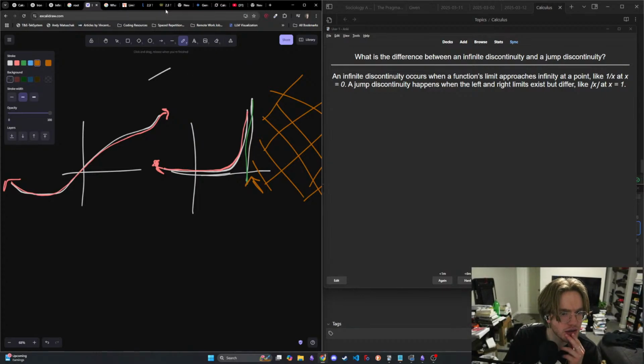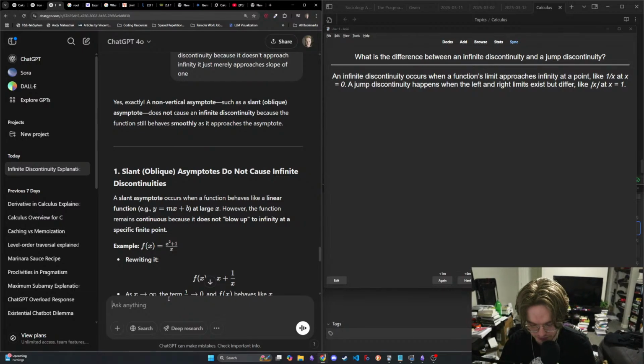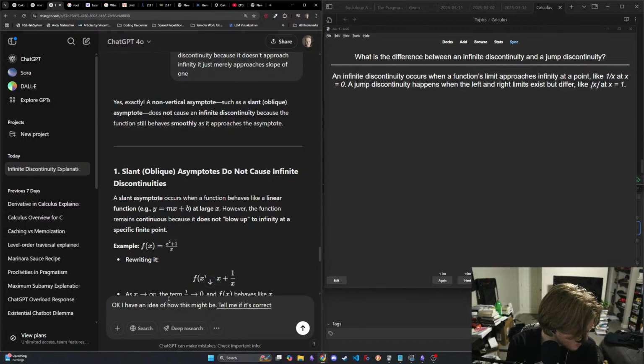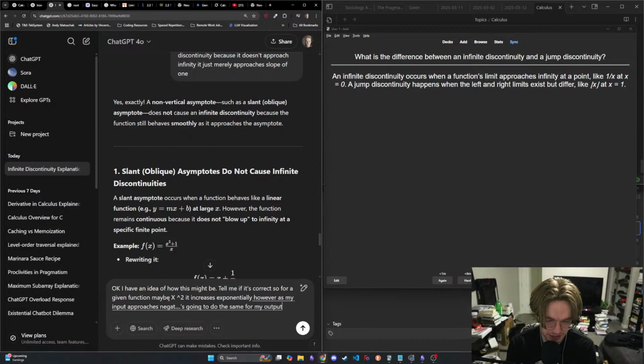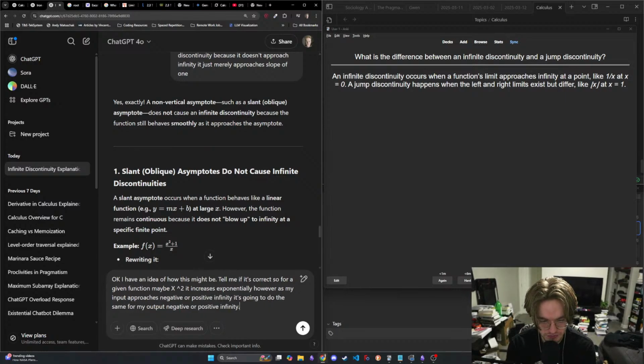Okay, I'm feeling pretty good about that. Let's see if it validates my idea. Okay, I have an idea of how this might be. Could you tell me if it's correct? So for a given function, maybe x squared, it increases exponentially. However, as my input approaches negative or positive infinity, it's going to do the same for my output, negative or positive infinity.